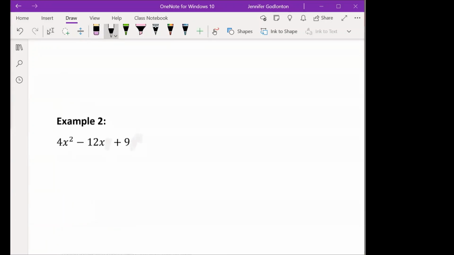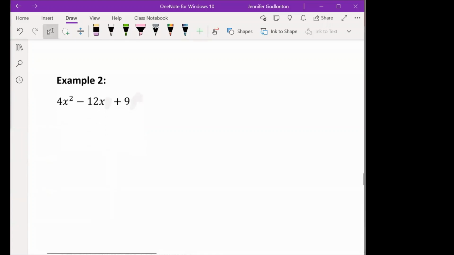Okay. All right. For this one, I'll show you both methods. So give this one a try for me. Just do the best you can. I will show you both methods with this question.